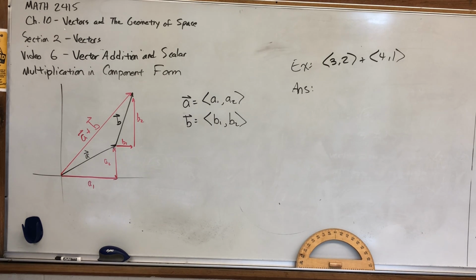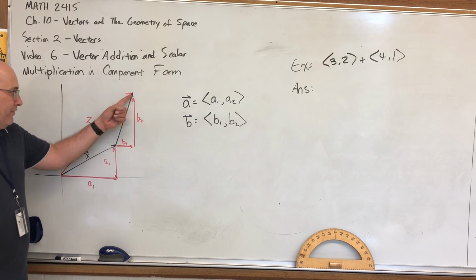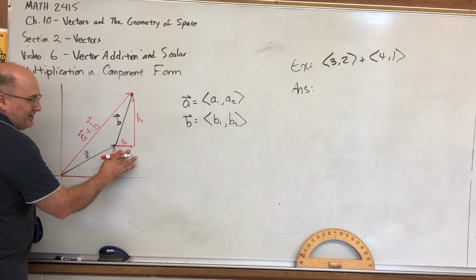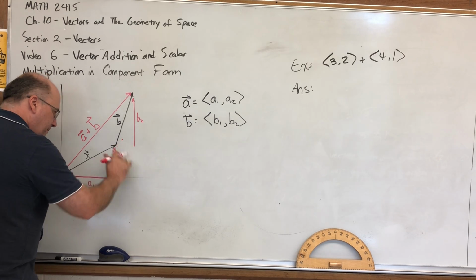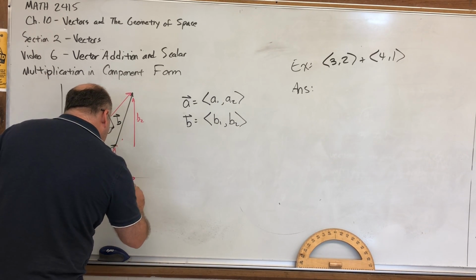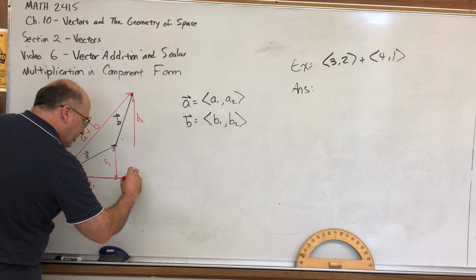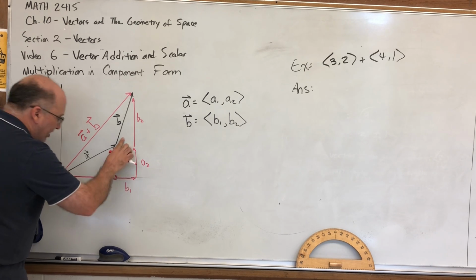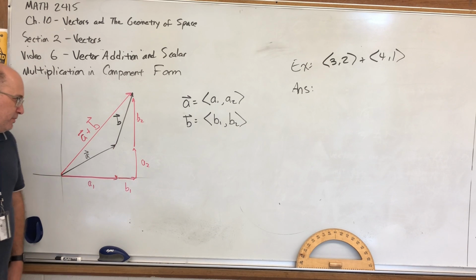But how would I represent vector A plus B in component form? Well, I would need to know how far to travel horizontally and how far to travel vertically. That's pretty easy to see. If I take this B1 displacement and translate it down to the x-axis, and I take this A2 displacement and translate it over here, I now have the displacements for the sum, the horizontal and the vertical displacement.